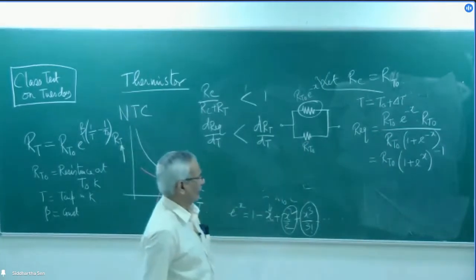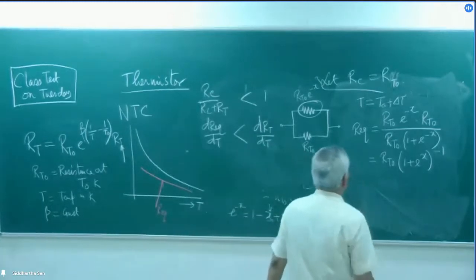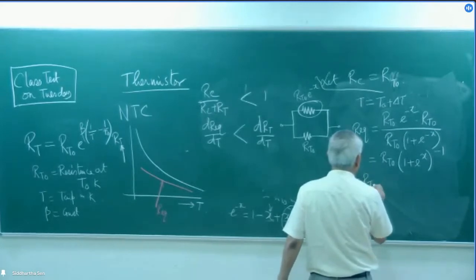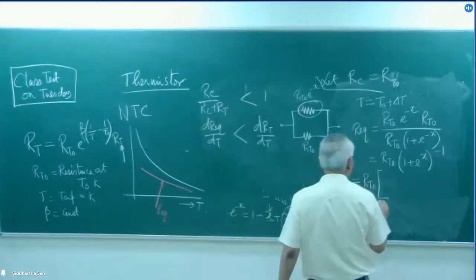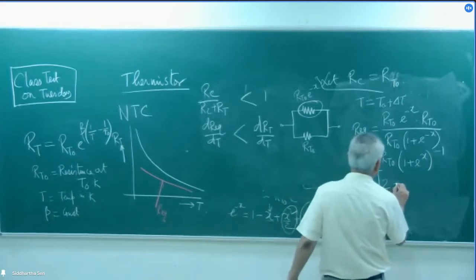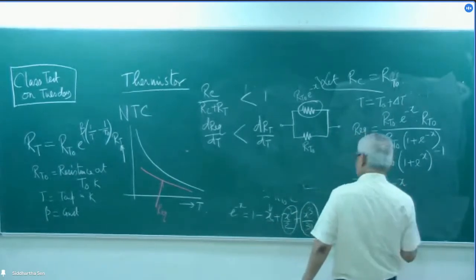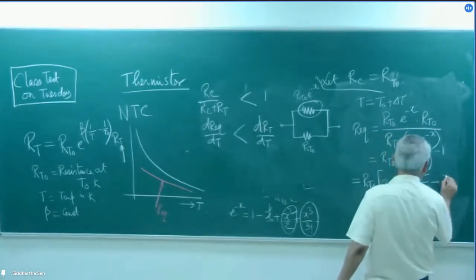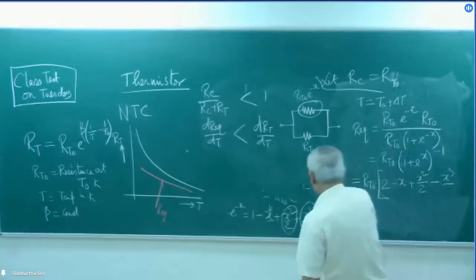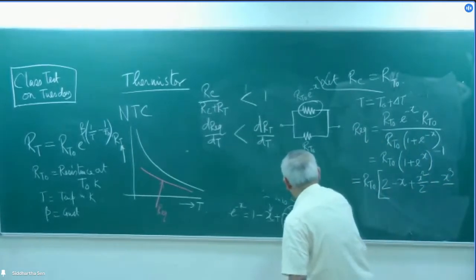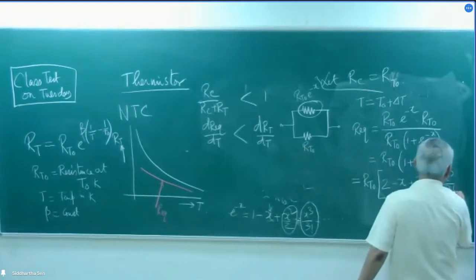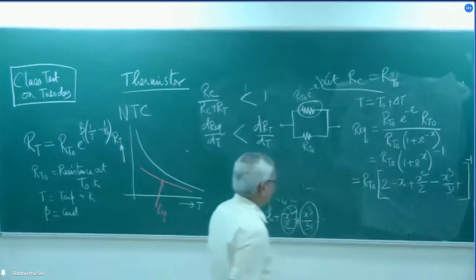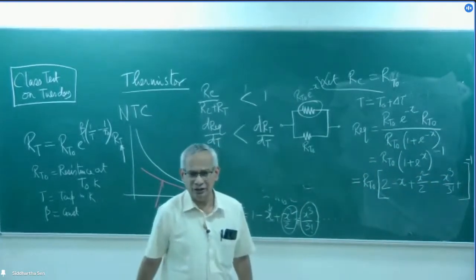So I can write this. From our earlier expressions, it is 2 minus x plus x square by 2 minus x cube by factorial 3, etc. And this should be inverse. Is it okay?